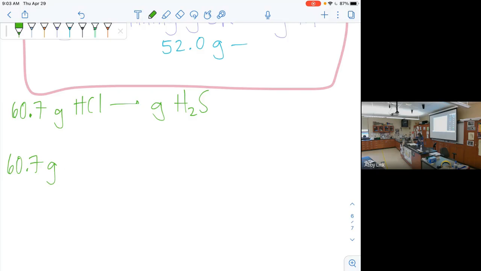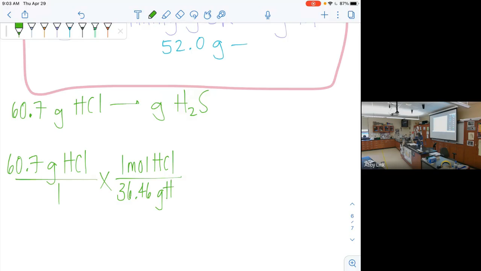60.7 grams of HCl over 1. I'm going to have 1 mole of HCl up top. Molar mass of HCl, I calculated that for the first calculation, so it's 36.46 grams of HCl. You never have to show the same molar mass calculation twice, guys, okay? Now we're trying to get to moles of H2S.